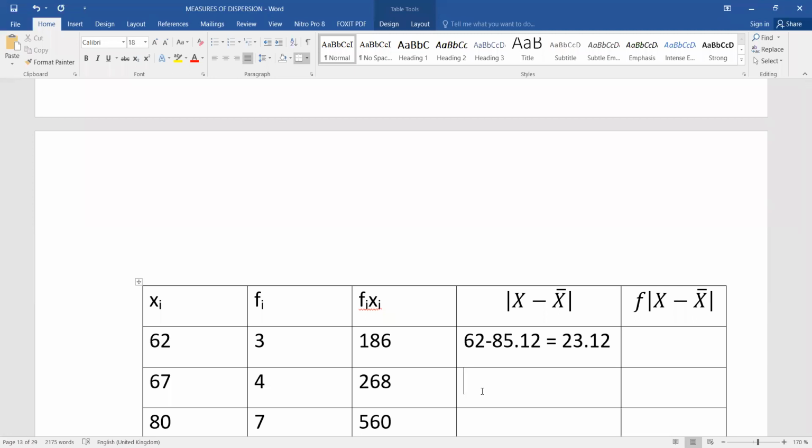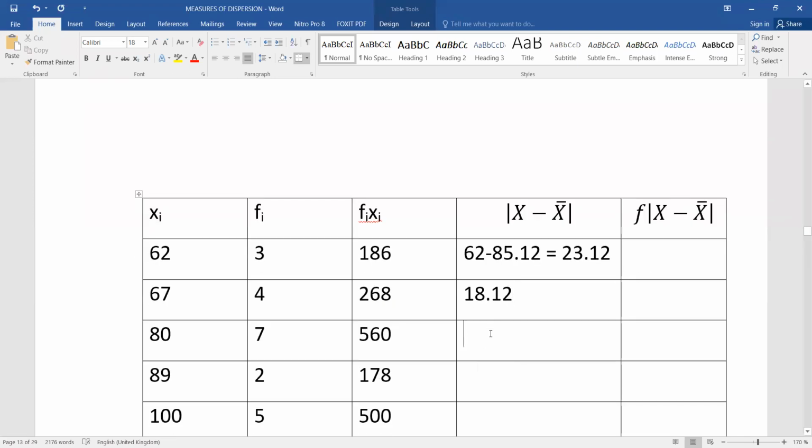Virungi is saying 18.12. Going once, going twice. Elizabeth, 18.12 solved. Next value. 15, going once, 5.12.